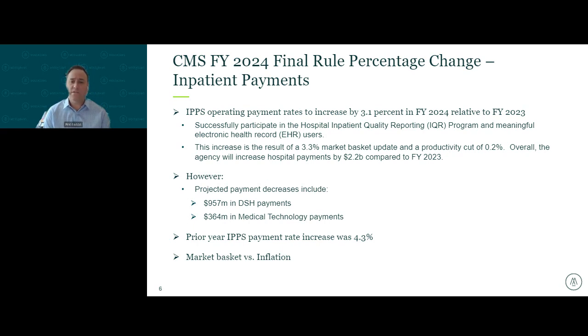But the one concern that seems to be expressed over and over again here is that despite the 3.1% increase, inflation continues to scale, especially within hospitals, at a higher pace. And so the concern is how hospitals are able to keep up when the rates clearly are not.